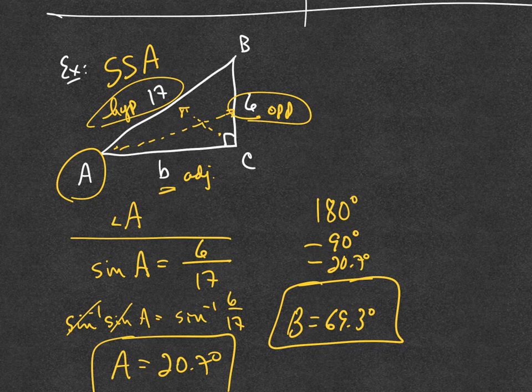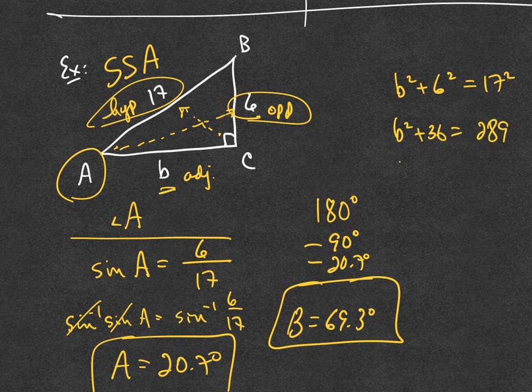And then finally, the third thing we're missing is the third side. And you have two ways to get to the third side, little b. You could use trig, so you could use sine, cosine, tangent, one of those, or you could just do the Pythagorean theorem. Pythagorean theorem would be 6 squared plus b squared is equal to 17 squared. 6 squared is 36. 17 squared is 289.